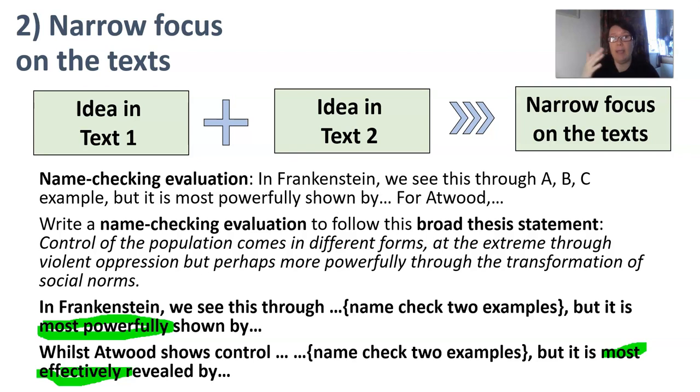And then you might say, the examples are the wall, the eyes, all of those things. So many examples of control and oppression in The Handmaid's Tale. What's the big one? Most effectively revealed by? Salvaging? The particution? You choose. Okay?